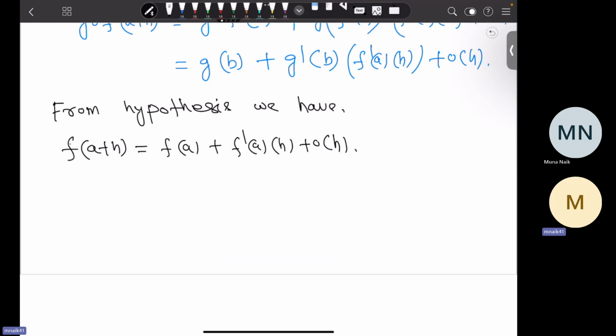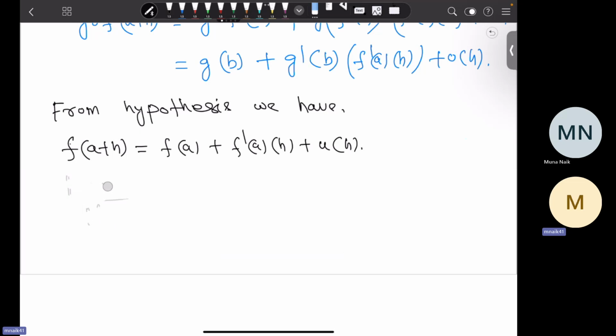When I told you that whenever you want to prove some result, don't use little o notation in the beginning, that will create confusion. So instead of o(H), I will write u(H).